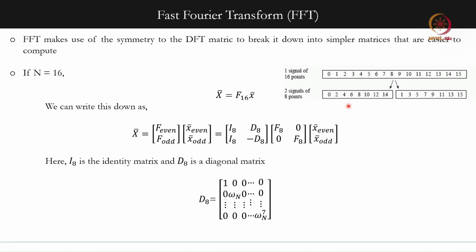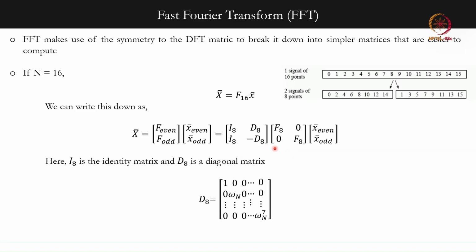So basically what we have done here is that we have rearranged this x vector into odd terms and even terms. Once we rearrange the data vector, we even need to rearrange the DFT matrix. And once we rearrange, we find something very interesting. We see that this DFT matrix can now be expressed as a product of two other matrices.